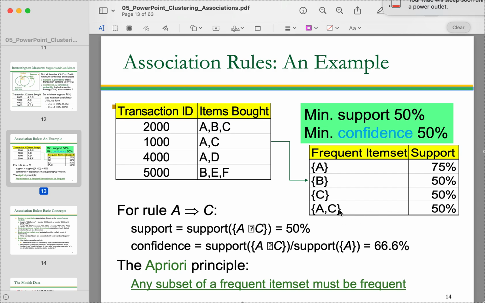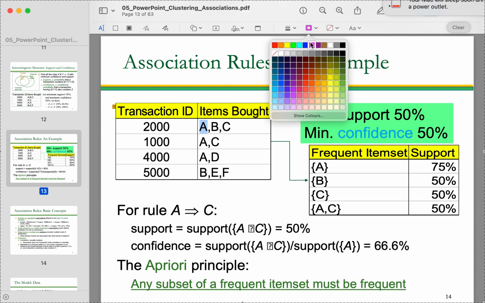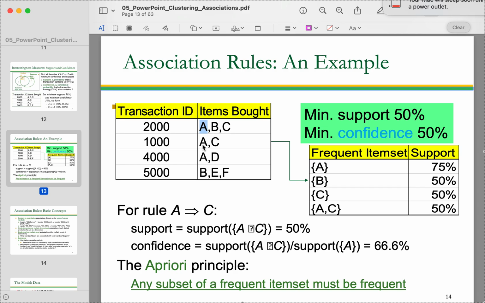And now the same thing. We're going to check how many times A and C happened together in our database. A and C 1 time, A and C 2 times. 2 times out of 4, that's 50%.